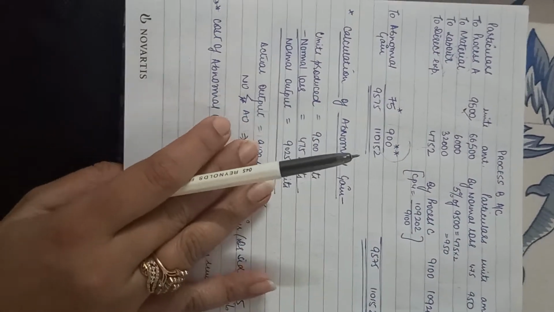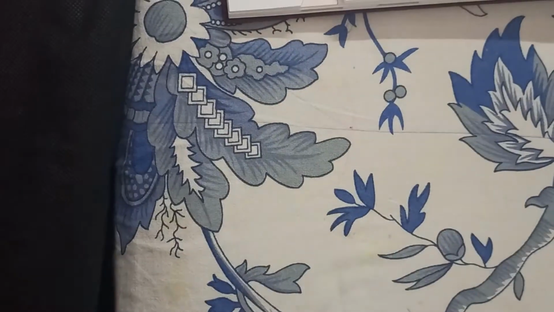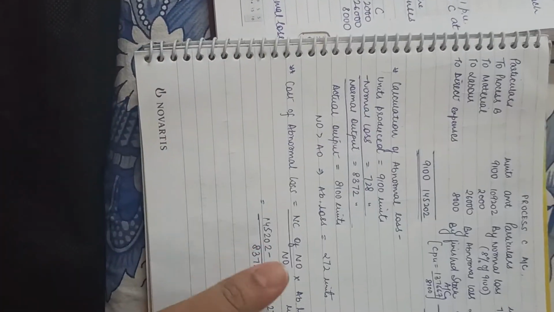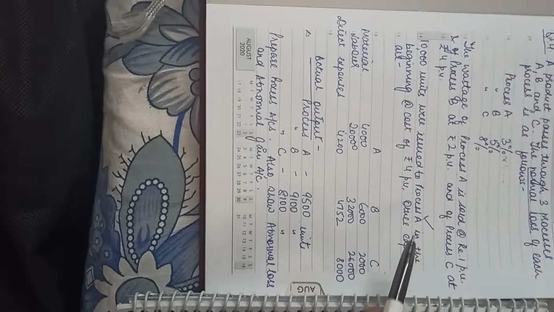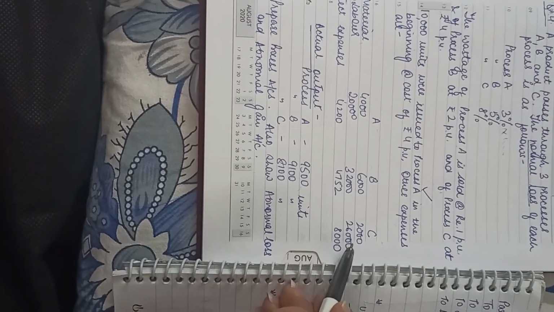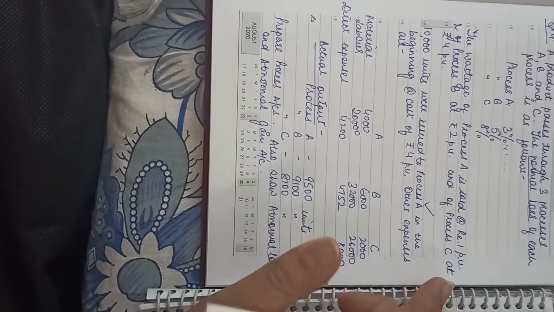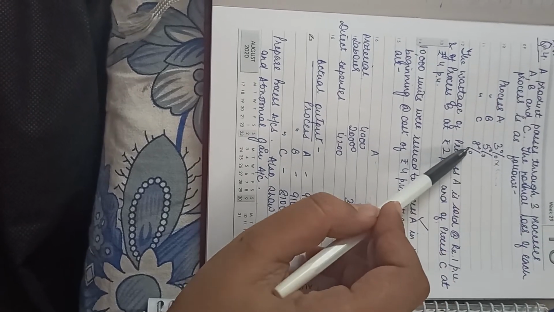Right, now the same calculation you have to proceed for process C. For process C, let us see the expenses: material, labor, direct expense. Normal loss is 8% at the rate of 4.